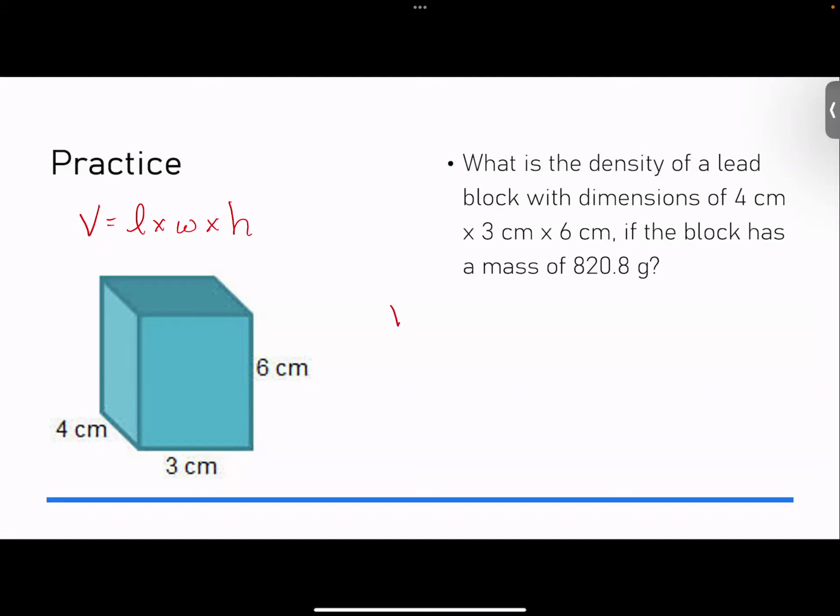So our volume is going to be equal to 4 centimeters times 3 centimeters times 6 centimeters, or in other words, 72 centimeters cubed.